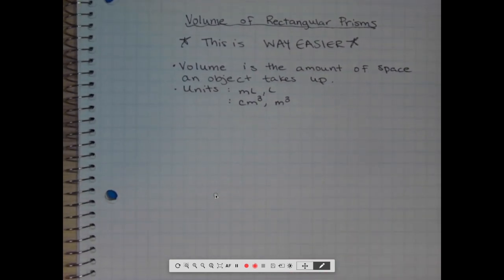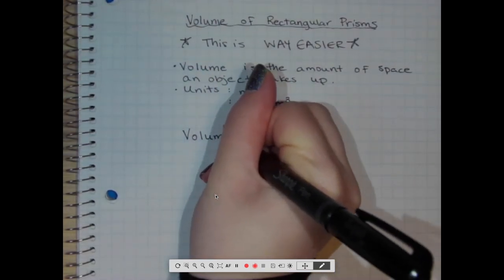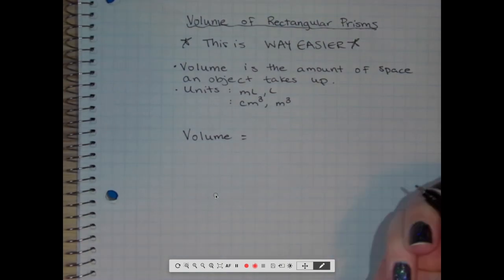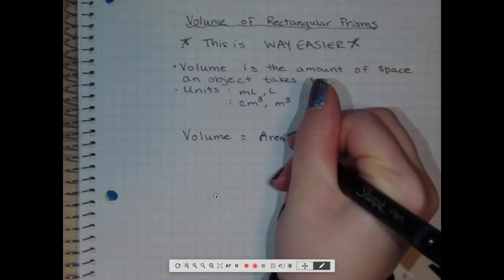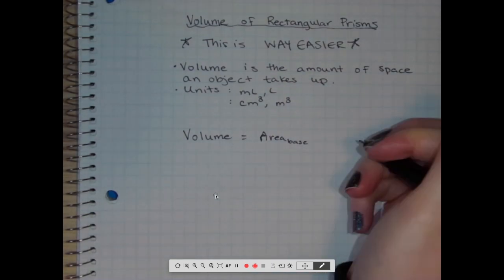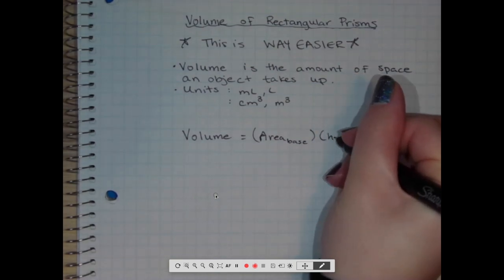So I always kind of go into this general idea first, where volume in its most basic form is equal to the area of the base of the prism times the height.